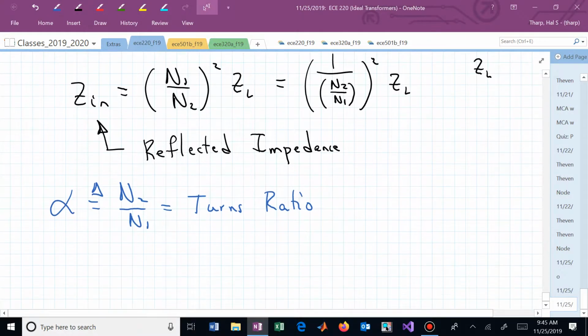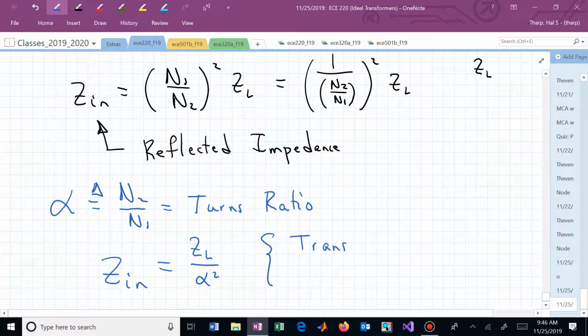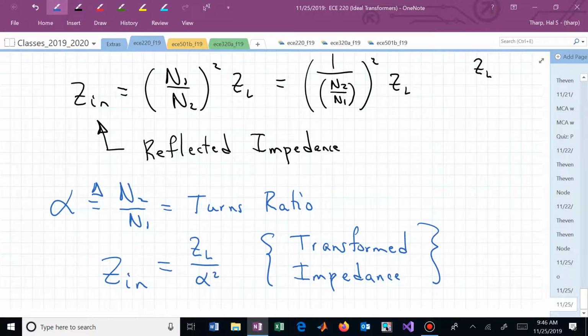Then we can say that our reflected impedance, or our transformed impedance, and in fact it is transformed, it's gone through the transformer, as seen by the source has been the original load impedance divided by alpha squared.